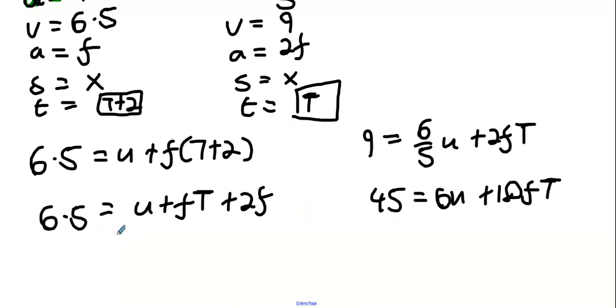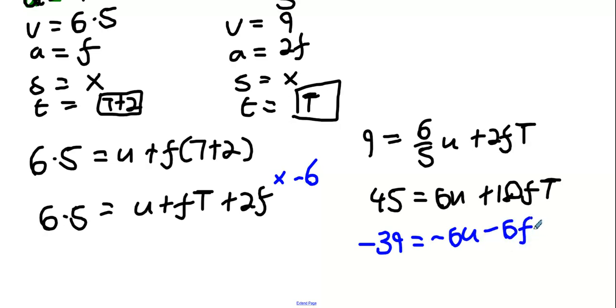See this equation here? I'm going to multiply it by minus 6. Minus 39, minus 6u, minus 6ft, and minus 12f. Go downwards.